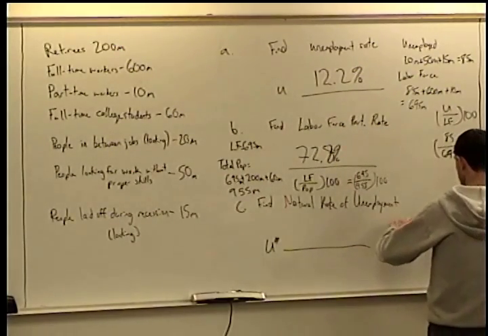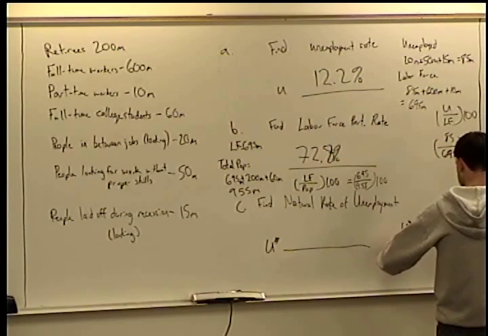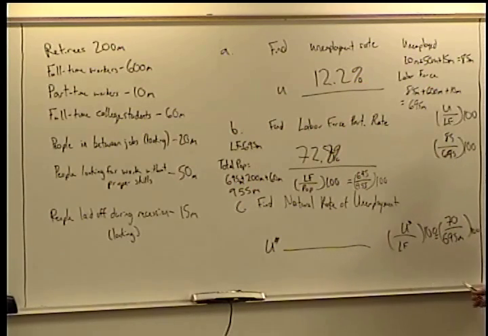So our new unemployment rate, U star divided by the labor force times 100, will give us our natural rate of unemployment. And that's going to be 70 million divided by 695 million times 100. And if you do the math on that, you should come up with 10.07 or 10.1%.